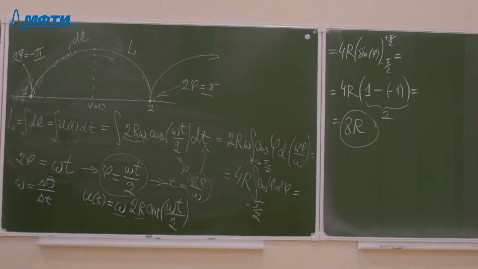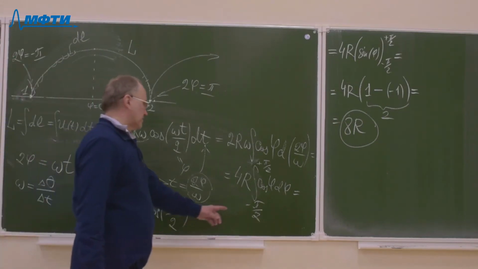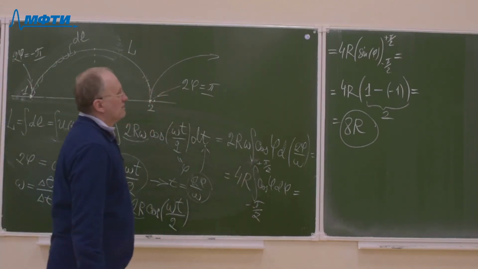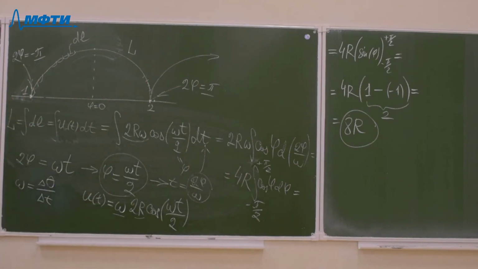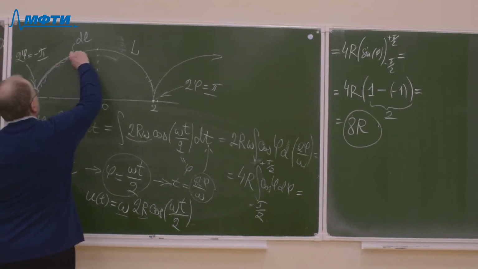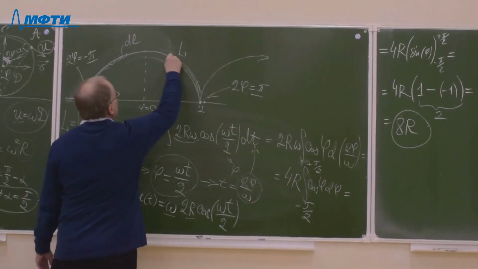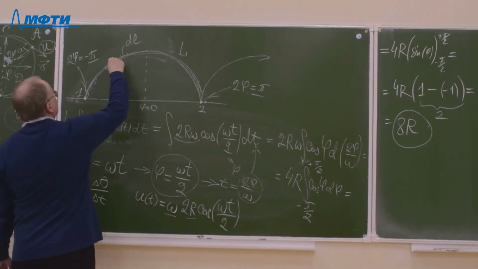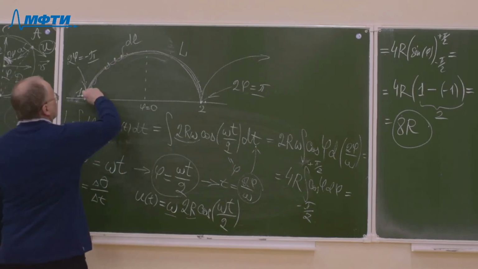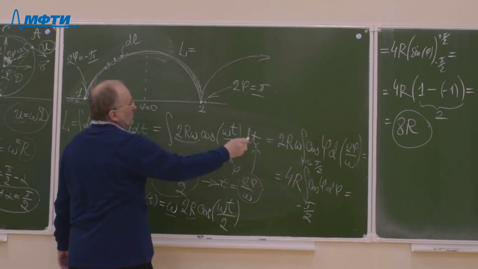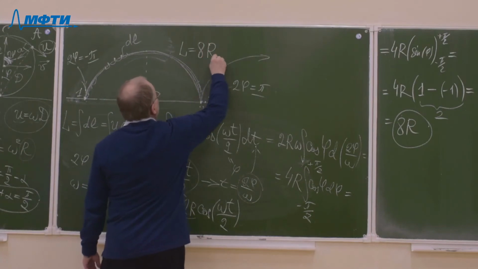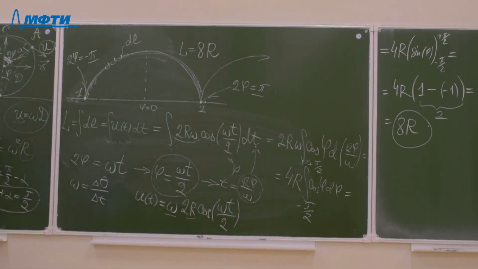So we have taken this definite integral, definite because the limits are defined easily in this problem, and the total length of this curve, considered as the sum of very small intervals, turns out to be 8 times the radius of this wheel.